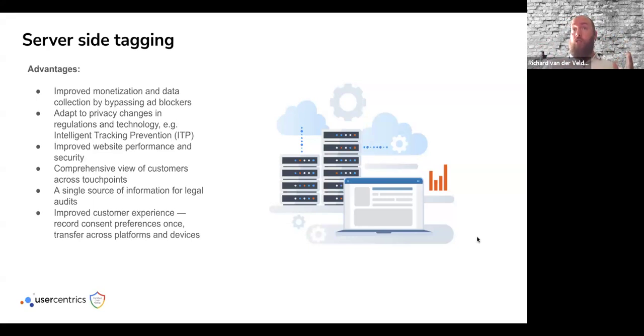A service can run on your server, and then every time a page is changed, data gets sent back to the server, and you can collect that as long as you have consent, obviously.